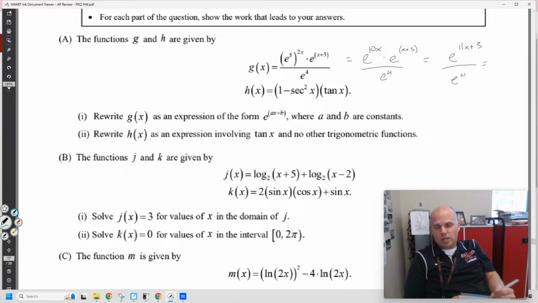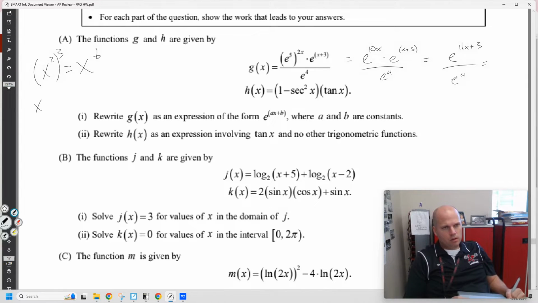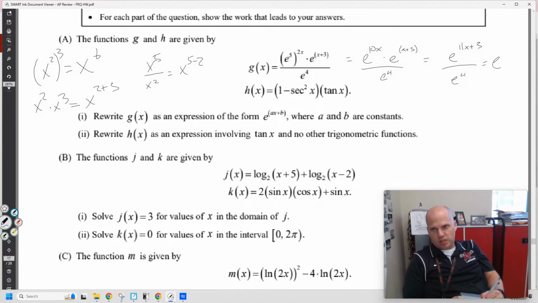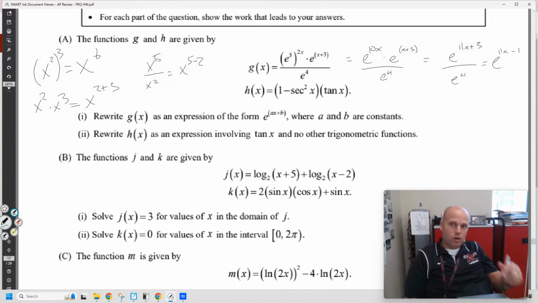When we divide, we subtract. If you need to write these down, do it. So it'd be e to the 11x minus 1.